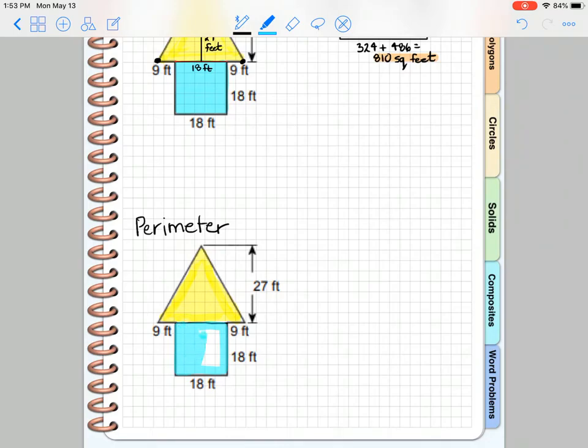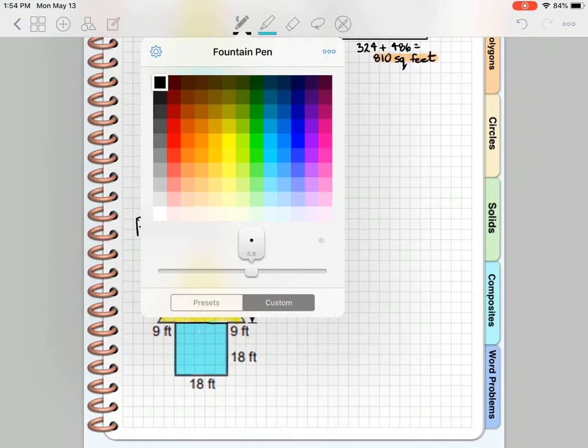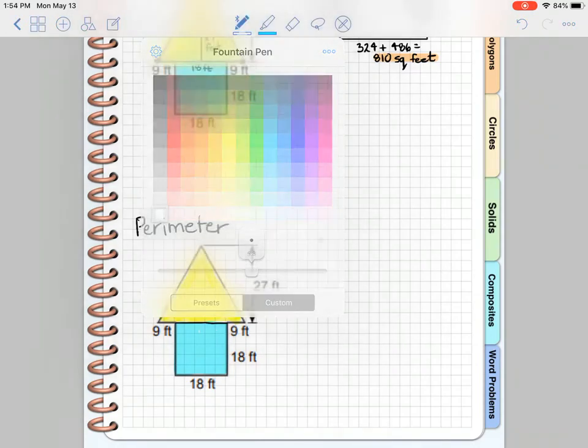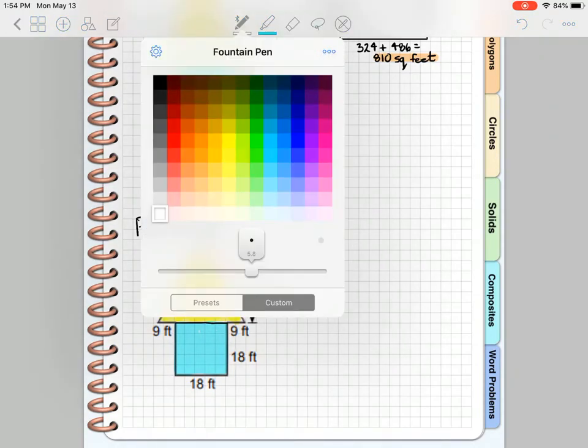So remember, we're dealing with two separate and distinct shapes. But also with perimeter, we are concerned about the outside only. So I can tell you, and I'm actually going to white mine out. I know this would not be easy for you to do, so don't worry about it.